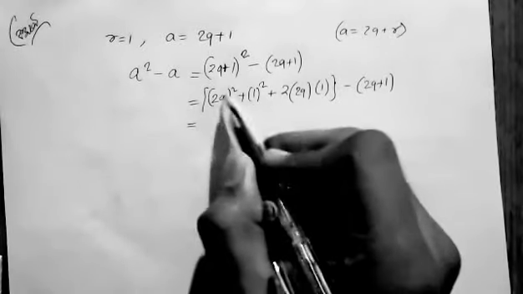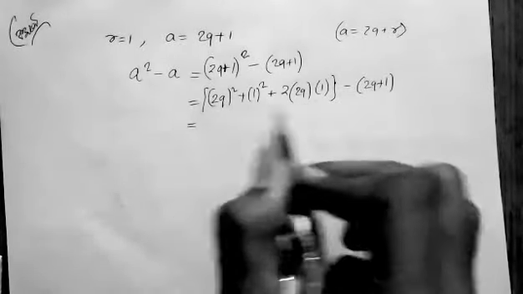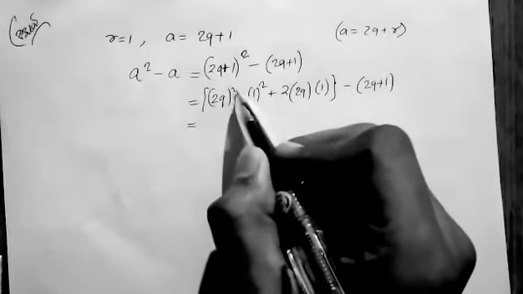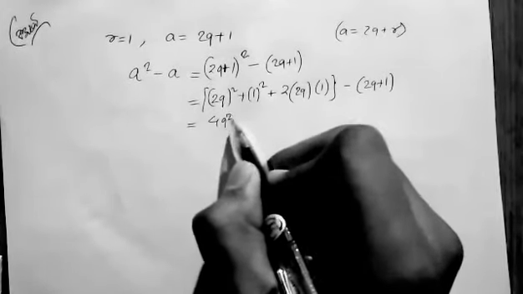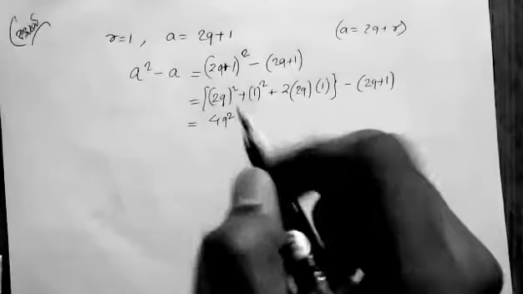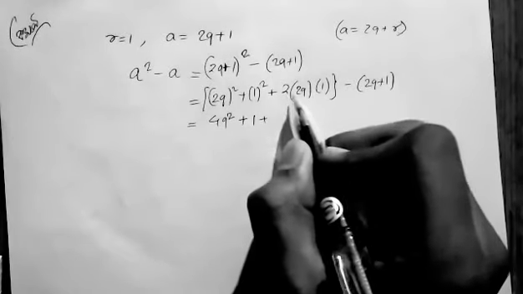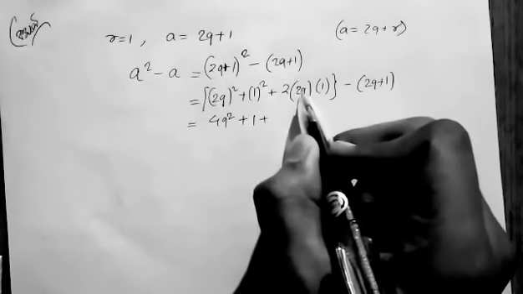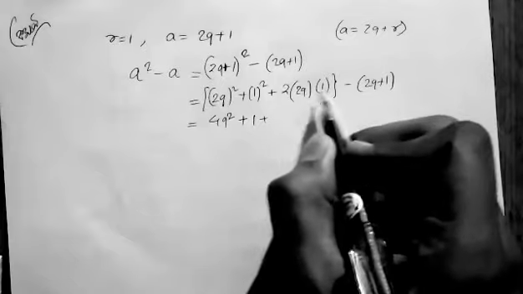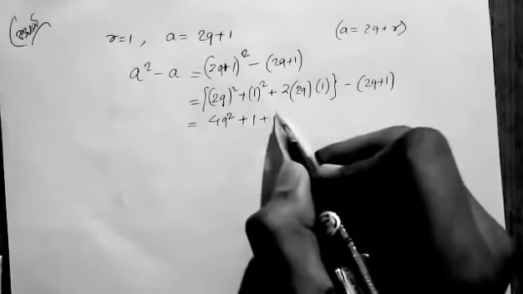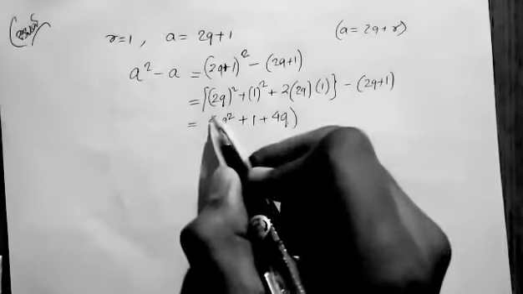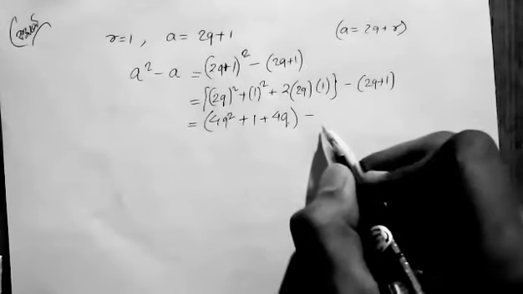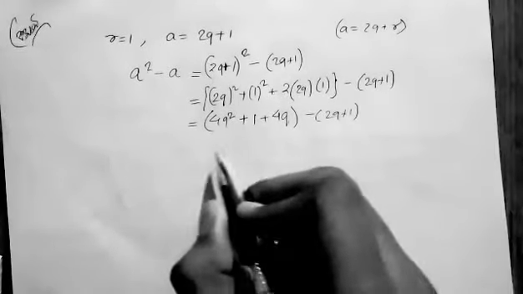So, solving further, (2q) whole square is 4q square, plus 1, plus 2 into 2q into 1, which is 4q. Now keep this as it is.